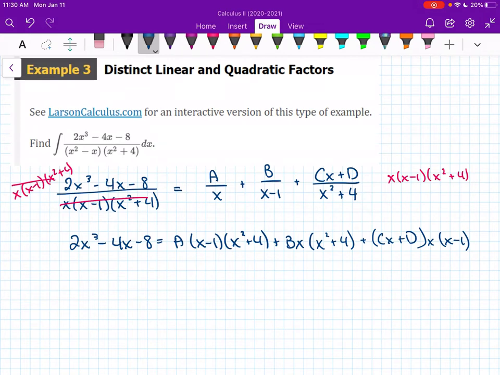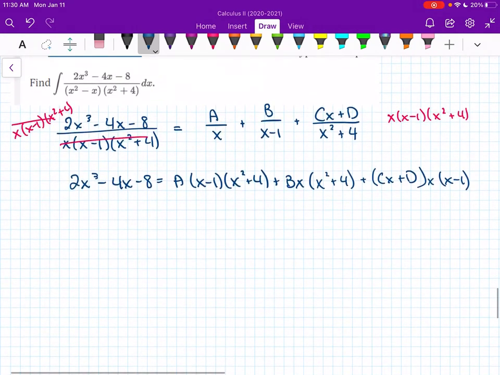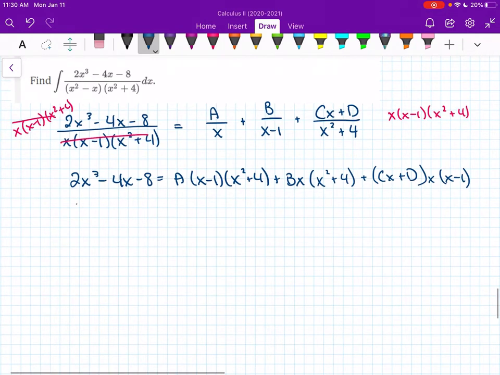So instead of factoring this all out and combining like terms, which you could do, I'm just going to plug in values for x to try and eliminate some of those terms and make it easier. So the first thing I'm going to do is let x equal 0. Then I get negative 8 on the left-hand side.